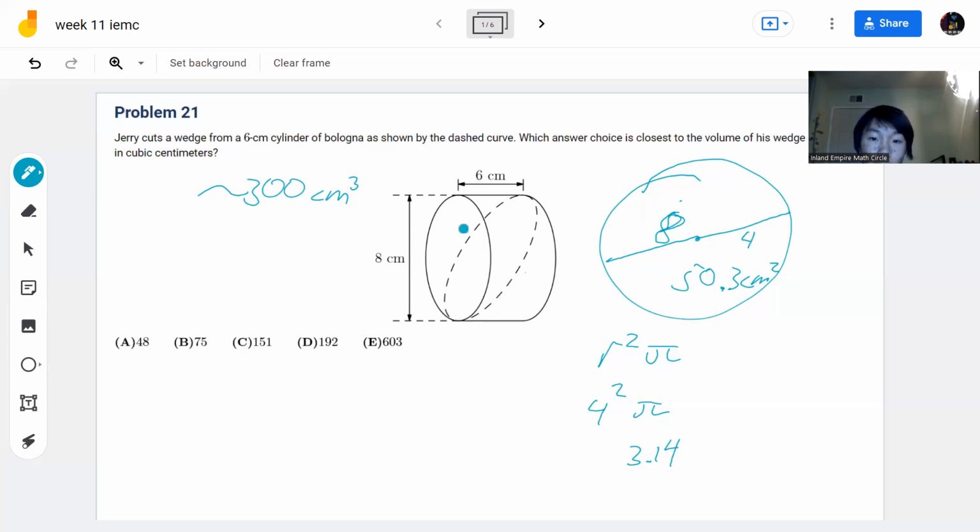We want to find the wedge, right? So how much would the wedge be, if we know the whole volume is 300? Do you have any idea? You can use the chat for your answers if you want.